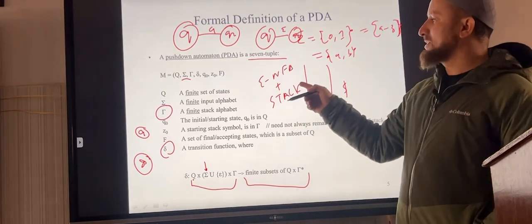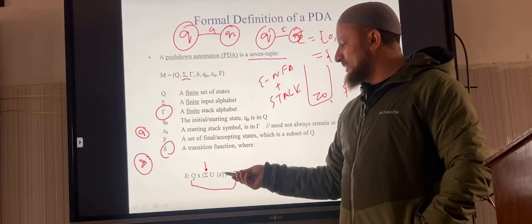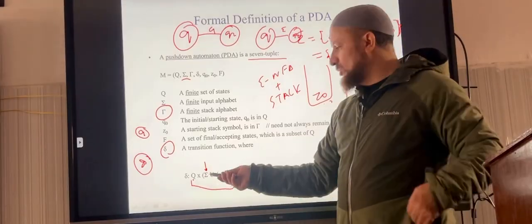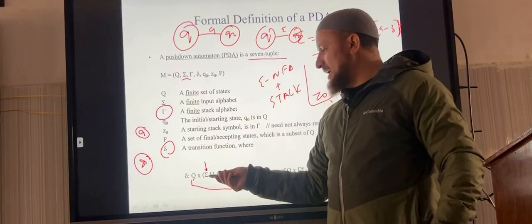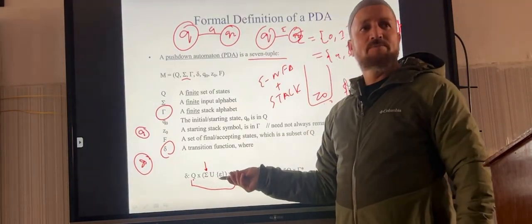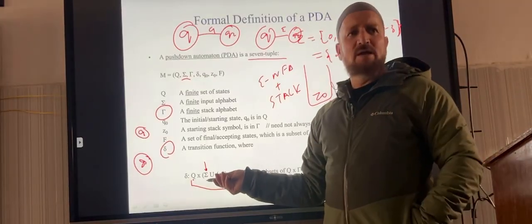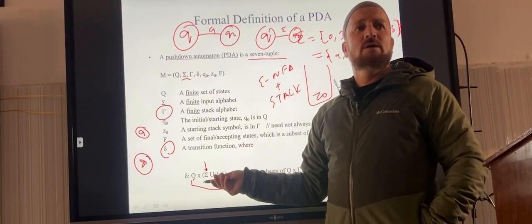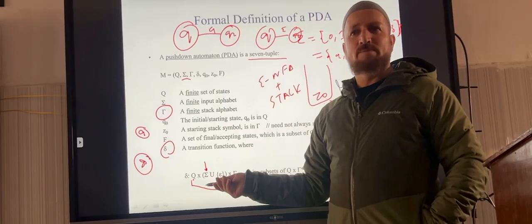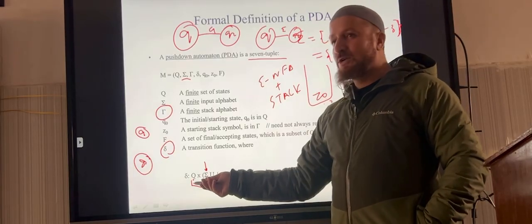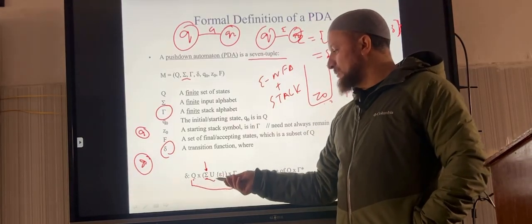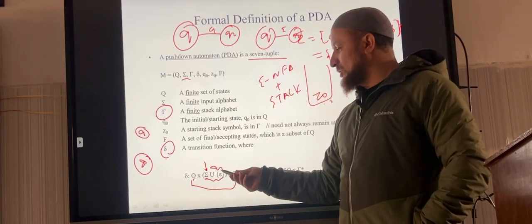You may have no input, only epsilon, or you could have any symbol from the alphabet as input. You are on a state Q and you receive some input, or you may receive epsilon.